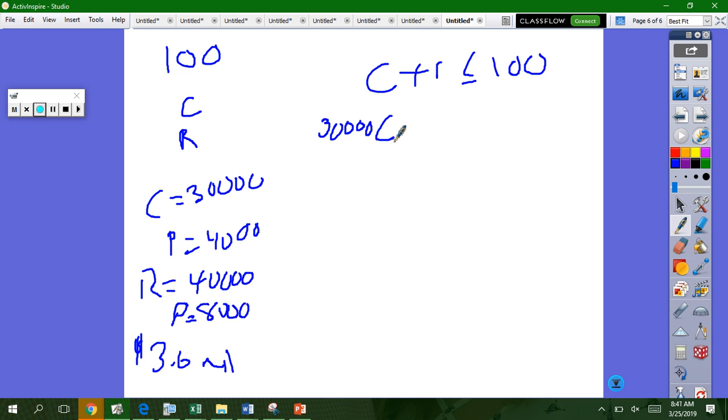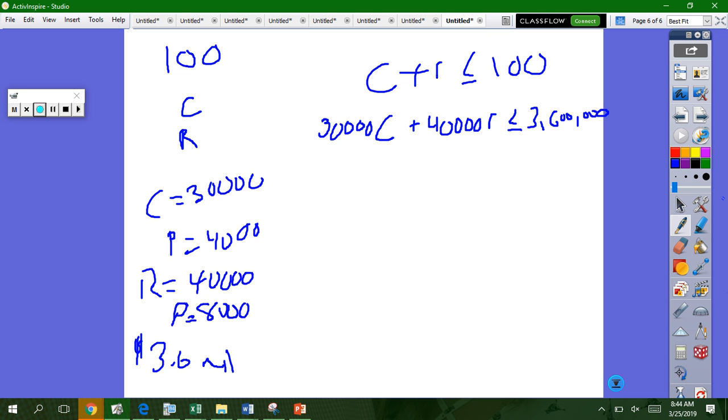Does that make sense to everyone? Plus 40,000 of my capital is being built for every ranch style house. But I know that money, I can't go over how much I have. And how much money is that? 3.6 million, which is 3,600,000.